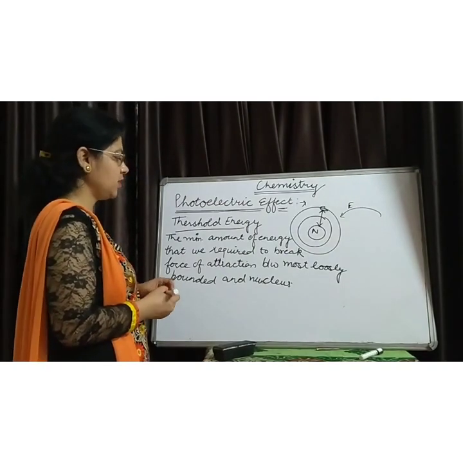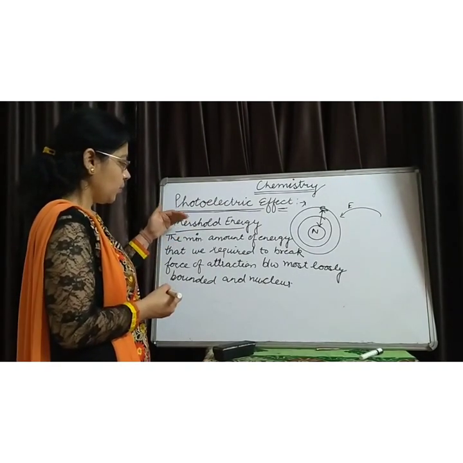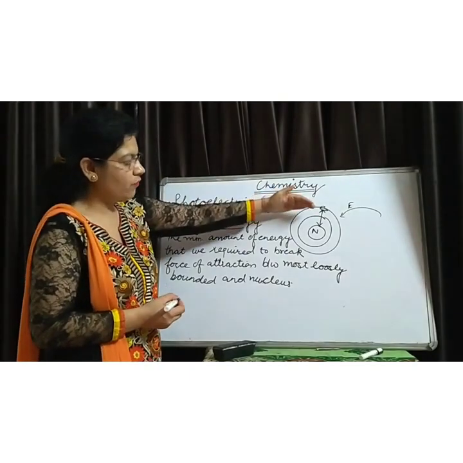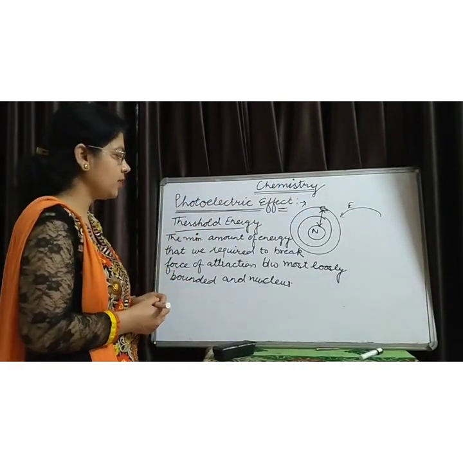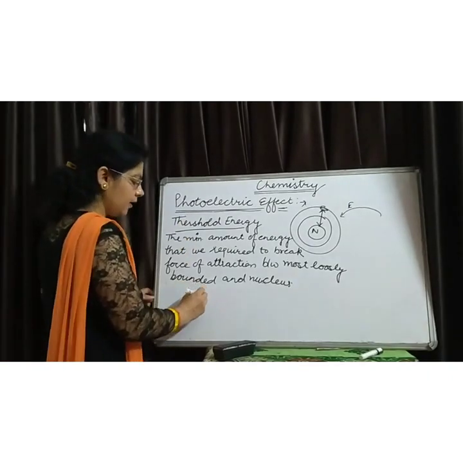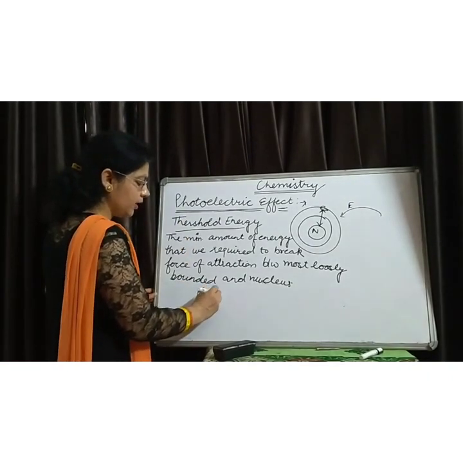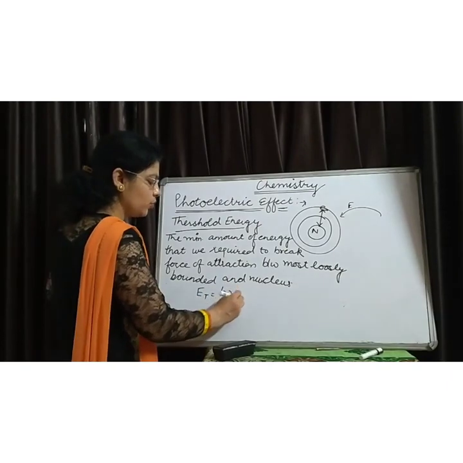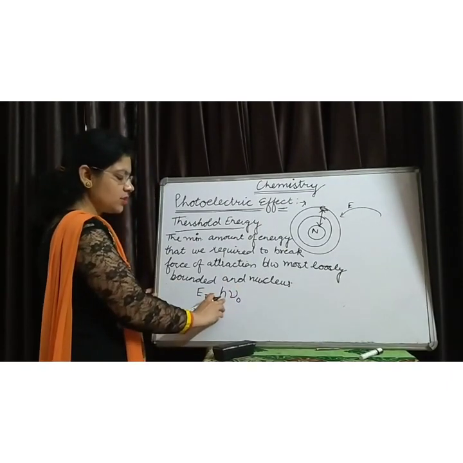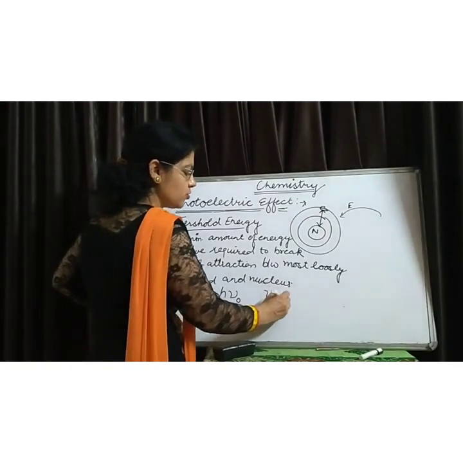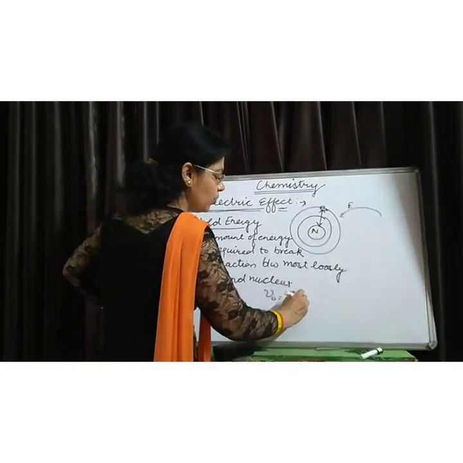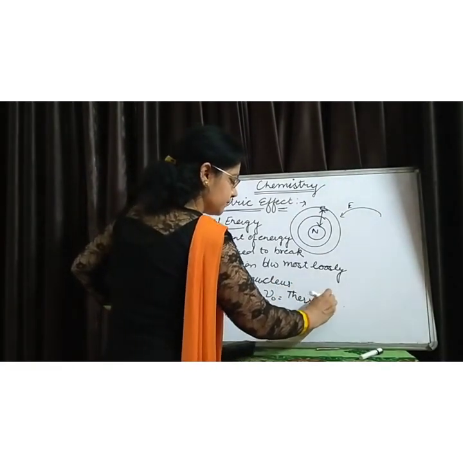The minimum energy that we require to break this force of attraction is known as the threshold energy, and that energy can be calculated as h nu naught, where h is the Planck's constant and nu naught is known as the threshold frequency.